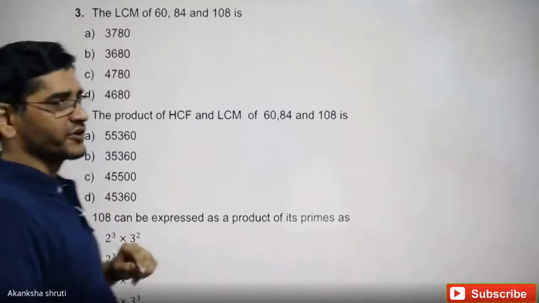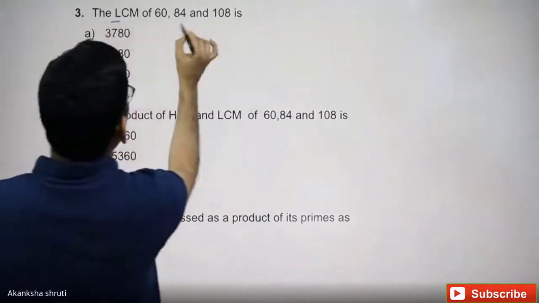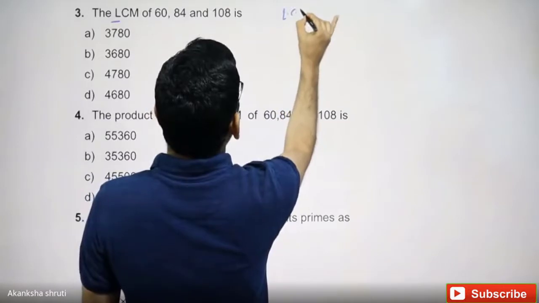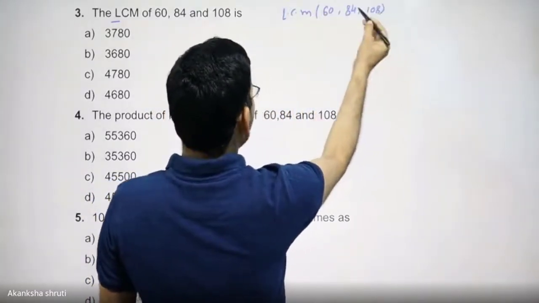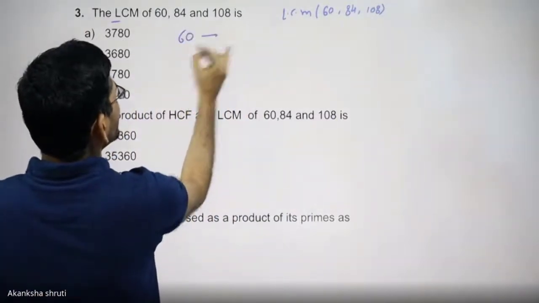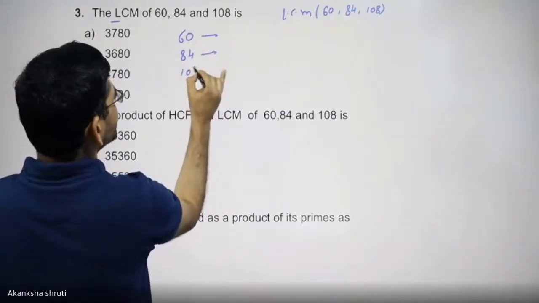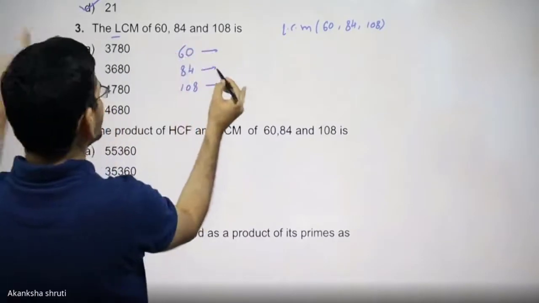Let us come to question number 3. We have to find the LCM of 60, 84 and 108. For finding the LCM, we shall go for the prime factorization of 60, 84 and 108. We have just done the prime factorization above.